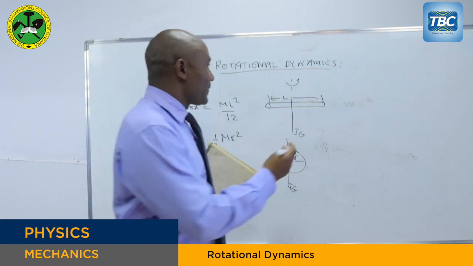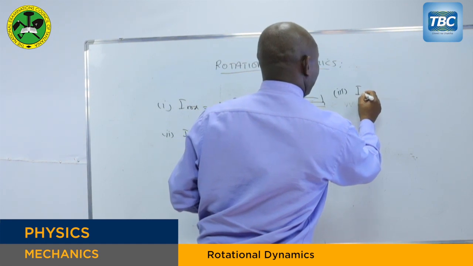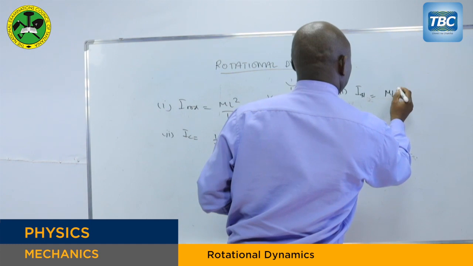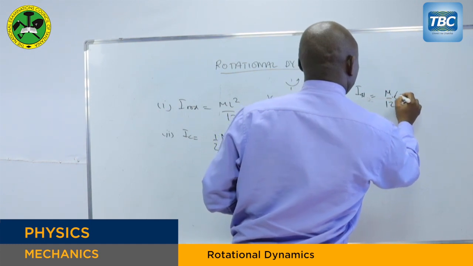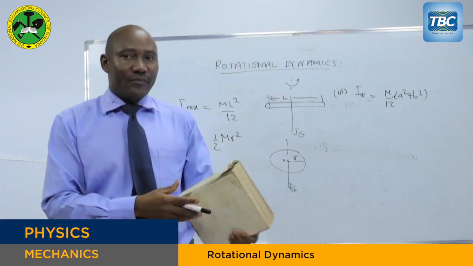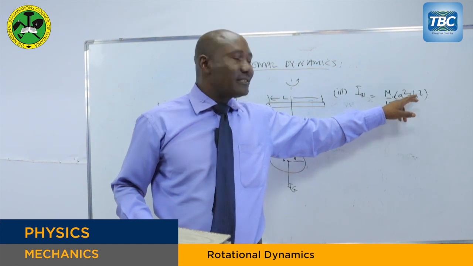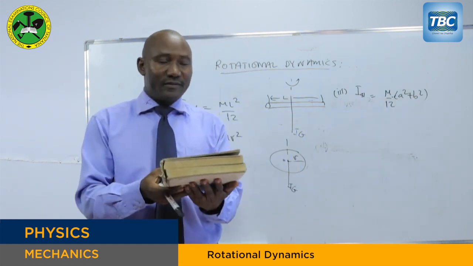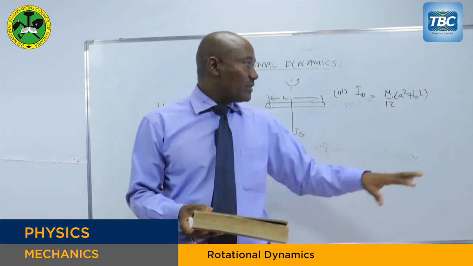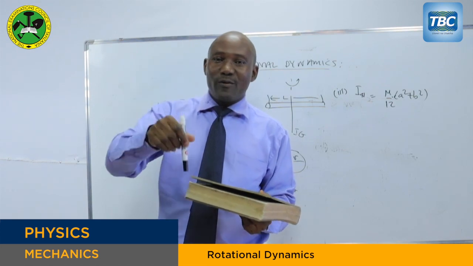That's number 3. So this is the length, that is the width of this slab, and this is the mass of that rectangular slab. So these are the formulas that you did when deriving the moment of inertia about the center of gravity.